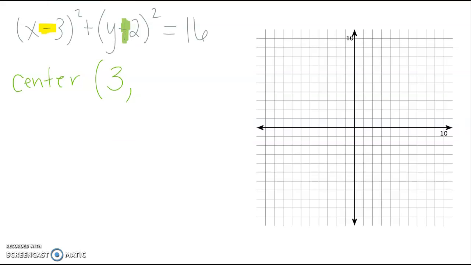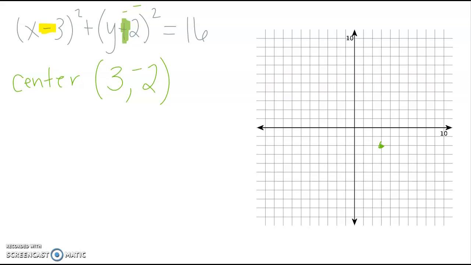I can rewrite a plus as minus negative. The opposite of a plus 2 would be minus negative 2, or just negative 2. So keep the first one as a 3, the opposite of 2, negative 2. So my center is at 3, negative 2. So I'll go right 3 and down 2 for my center.